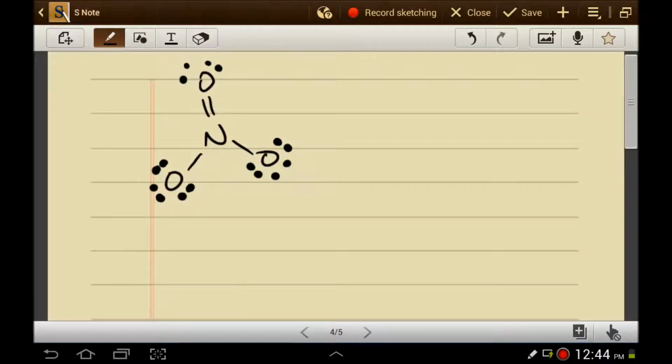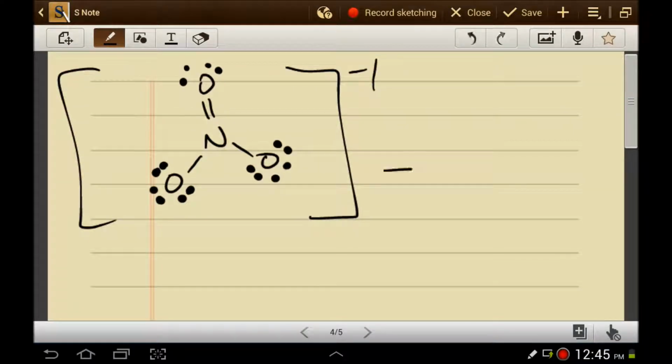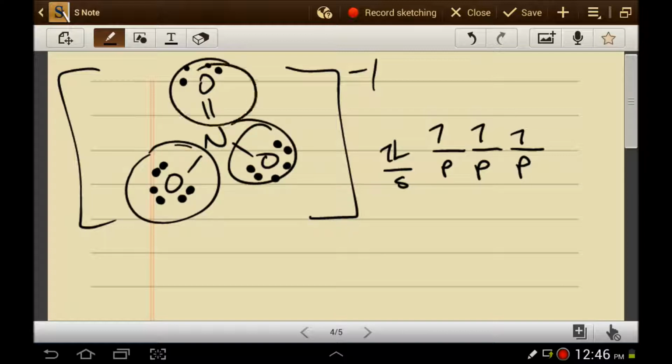So the nitrogen in the nitrate ion, and it's got resonance structures, no one cares, begins with its valence electrons in the 2nd energy level with 5 valence electrons. Now, as it gets ready to bond, it's going to require orbitals for 3 equal energy sigma bonds.